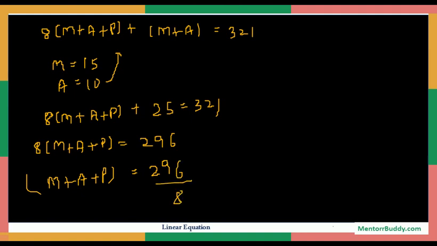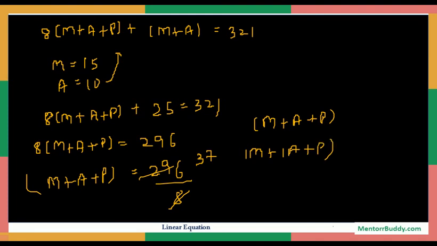Solving this, 8 times 7 is 56, so the value of M plus A plus P, that is the value of 1 mango plus 1 apple plus 1 peach, is equal to 37 rupees.